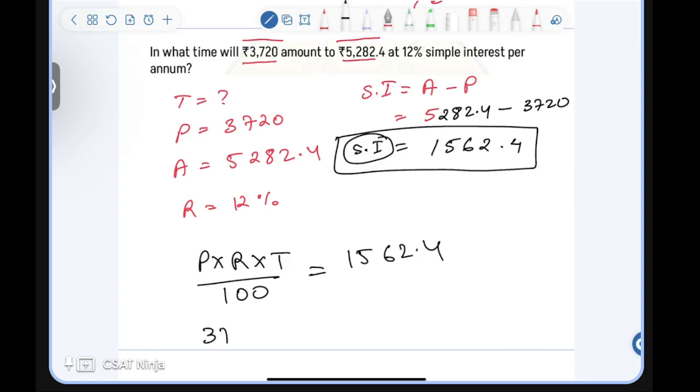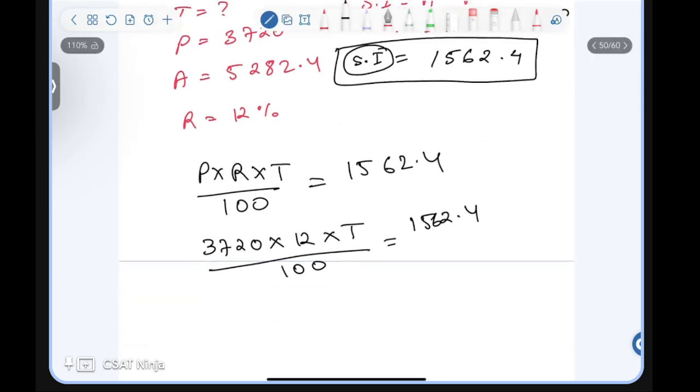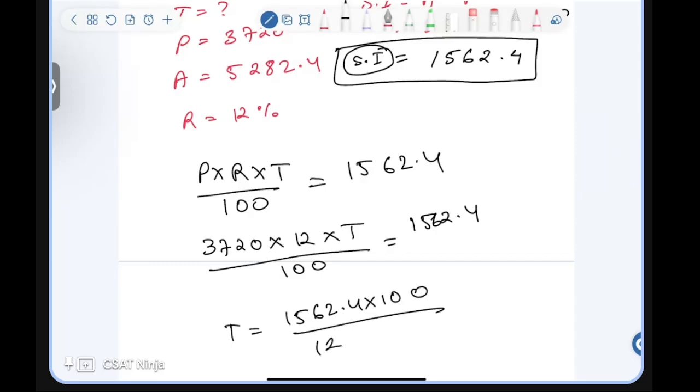Principal here is 3720 into the rate of interest 12 into time, which we don't know and need to find, divided by 100, equal to 1562.4. It will be a lengthy calculation, but I'll just reshuffle this one. T is equal to 1562.4 into 100 divided by 12 into 3720.